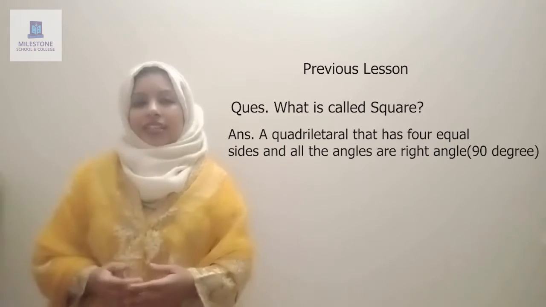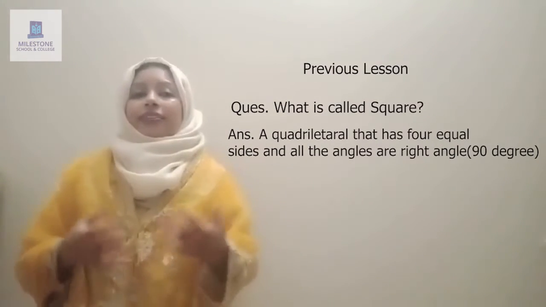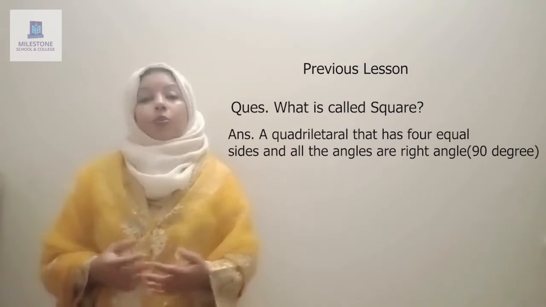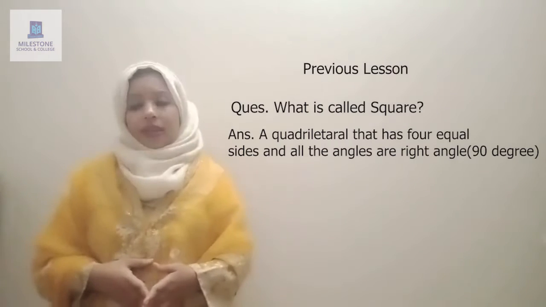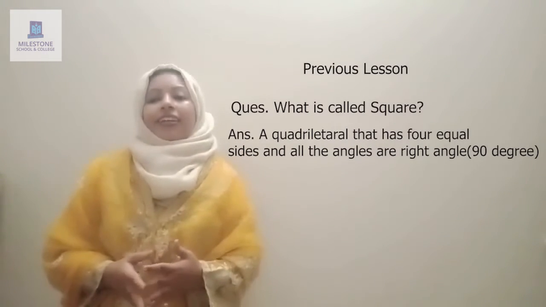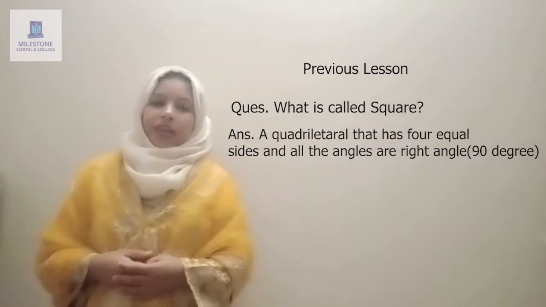Yes, very good. Your answer is absolutely correct. The definition of a square is a quadrilateral in which all sides are equal in length and every angle is a right angle, that is 90 degrees.